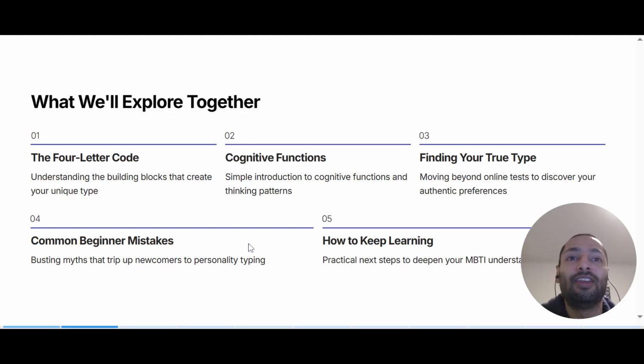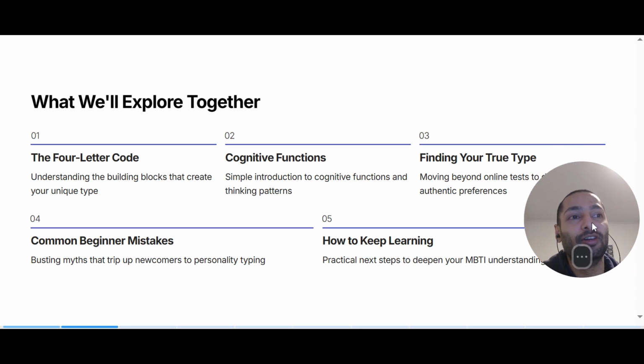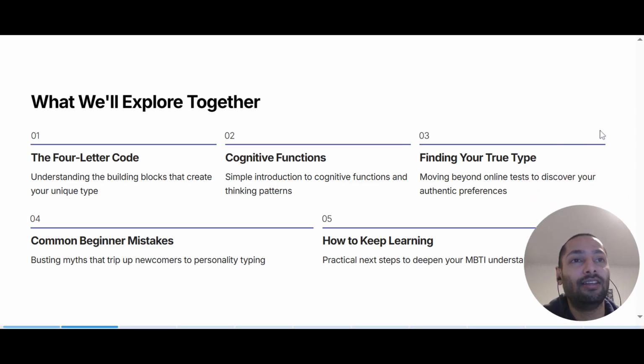Common beginner mistakes. So busting myths that interfere with newcomers. I think mainly the most popular one is probably introverts and extroverts. I think that's probably the most misunderstood part of the MBTI. And finally, how to keep learning. So practical next steps to deepen your MBTI understanding.